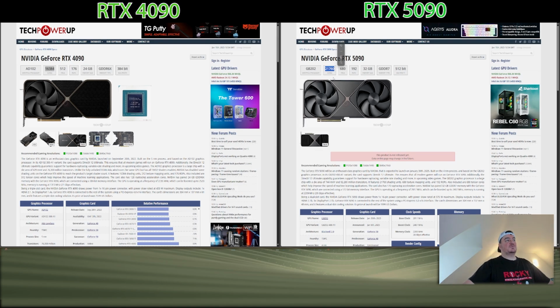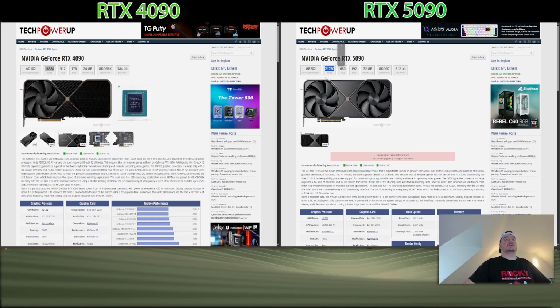Now, the second aspect, which is very important to consider when comparing two cards in terms of raw power, is their memory. Memory is vital for GPUs because the faster the memory, the faster they can get the frames in there, render them, and get the frames out to your display.